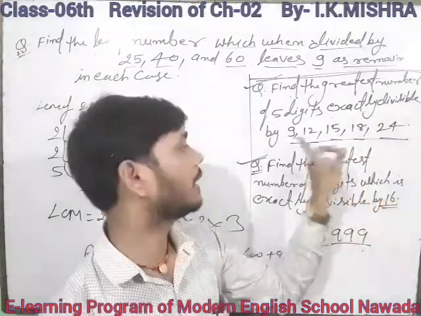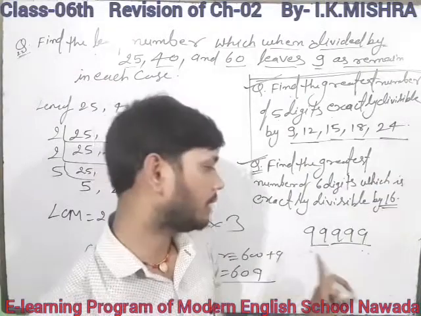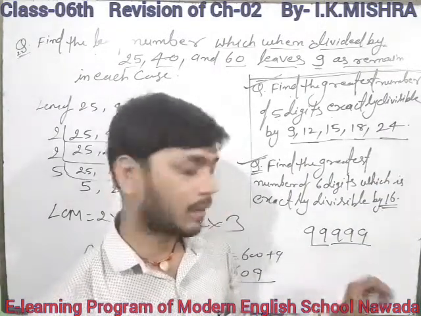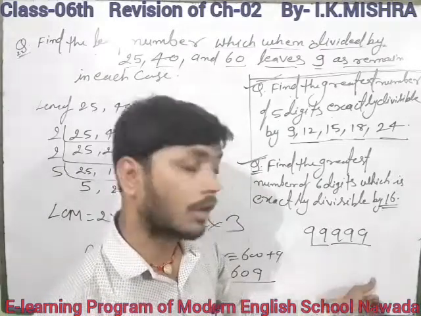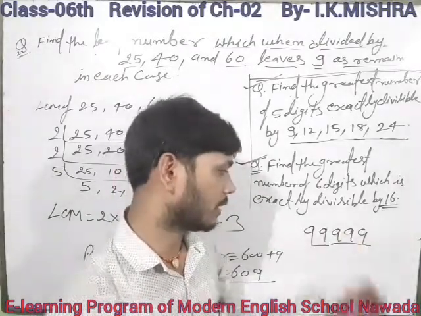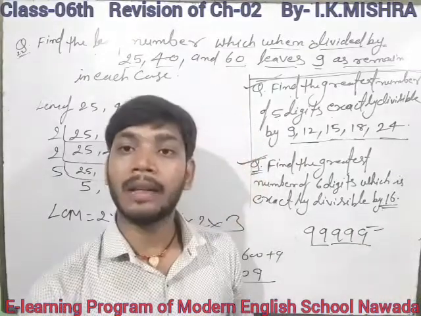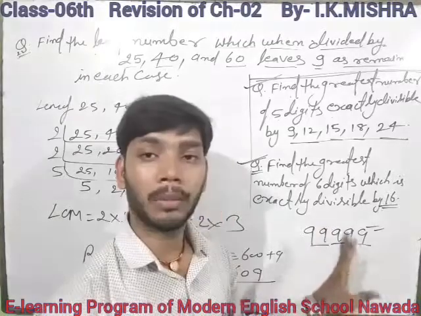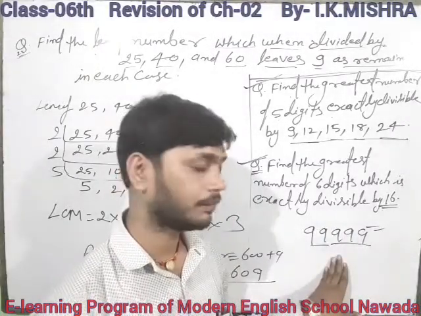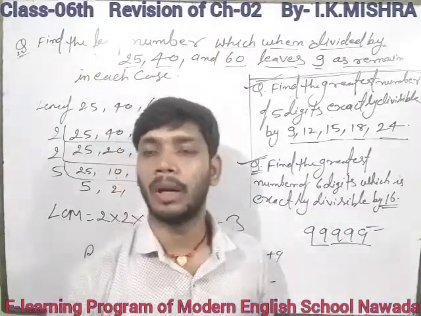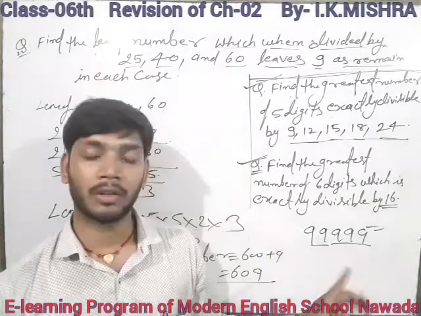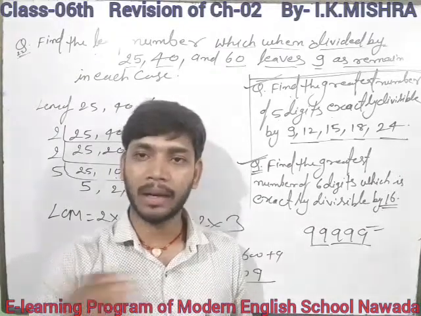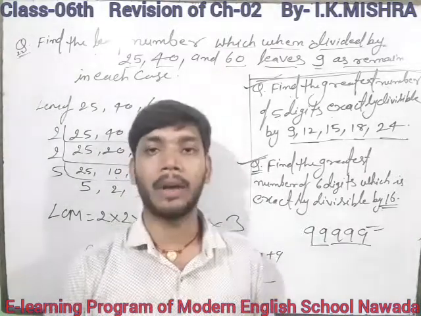Here you can find the LCM of all of these and divide. When there is some remainder, subtract the remainder from this number, and that number is the required answer. I think you understand the process. Students, when you don't understand, go back and watch the video again.